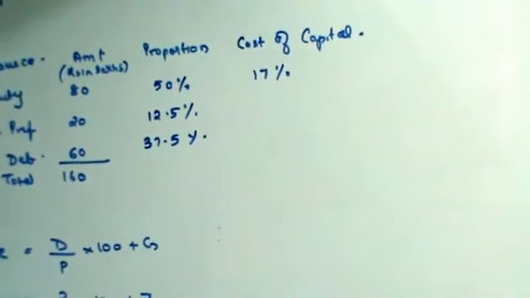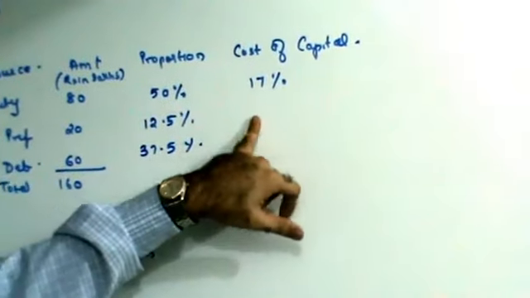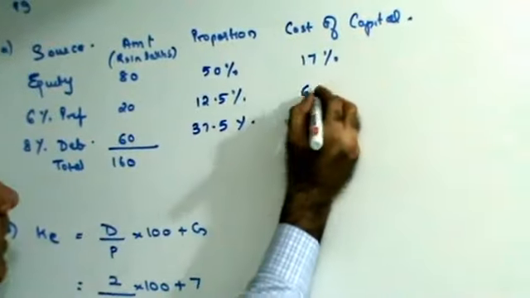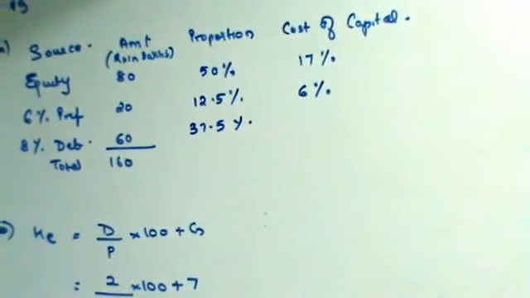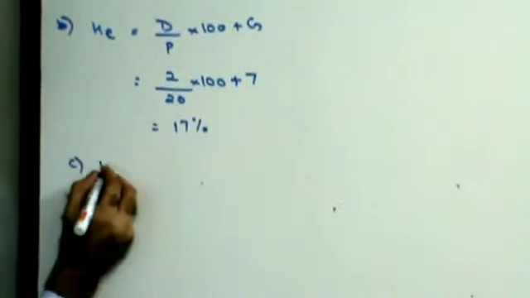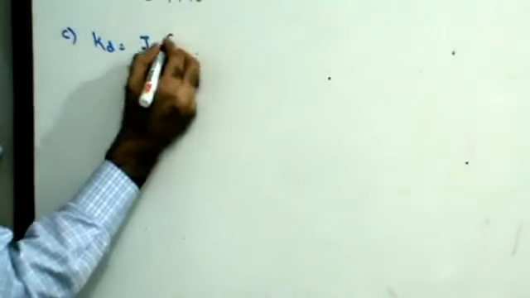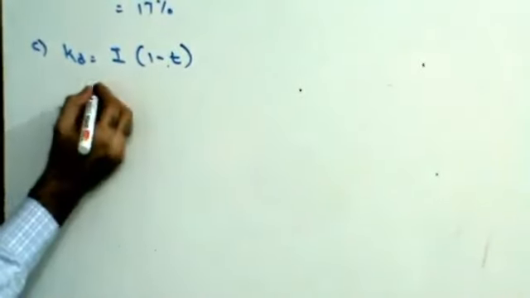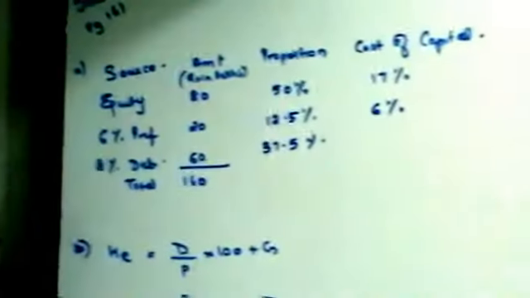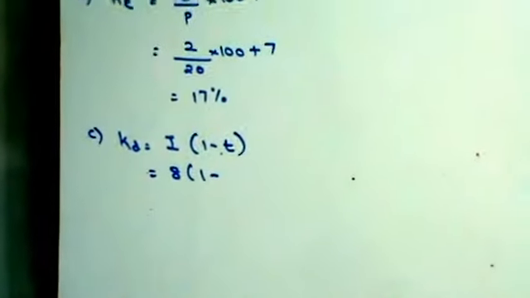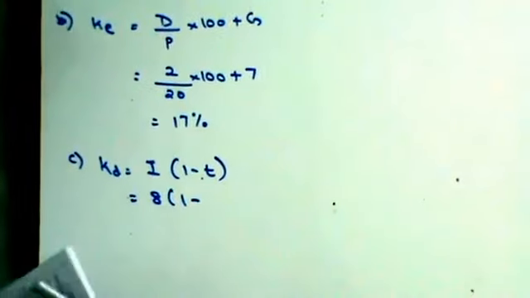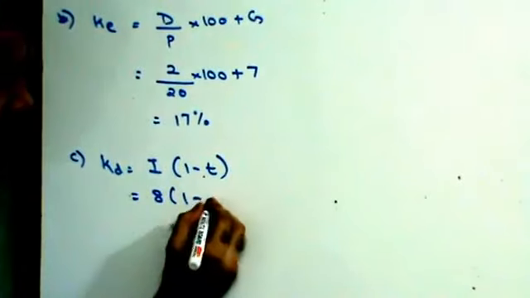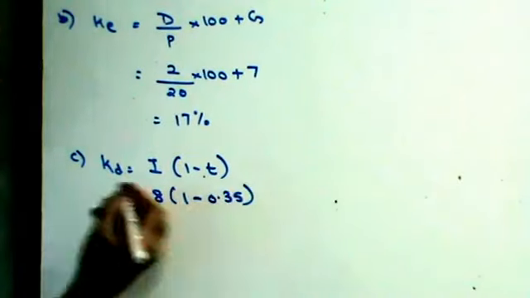For cost of preference share, you write this amount here as it is. Whatever is the dividend rate of preference share, you write it as it is. Cost of debenture is given by the formula I into 1 minus T. The interest rate of debenture is 8%, 1 minus T. T stands for tax rate. Tax rate is given to you as 35%. 35% is nothing but 0.35.